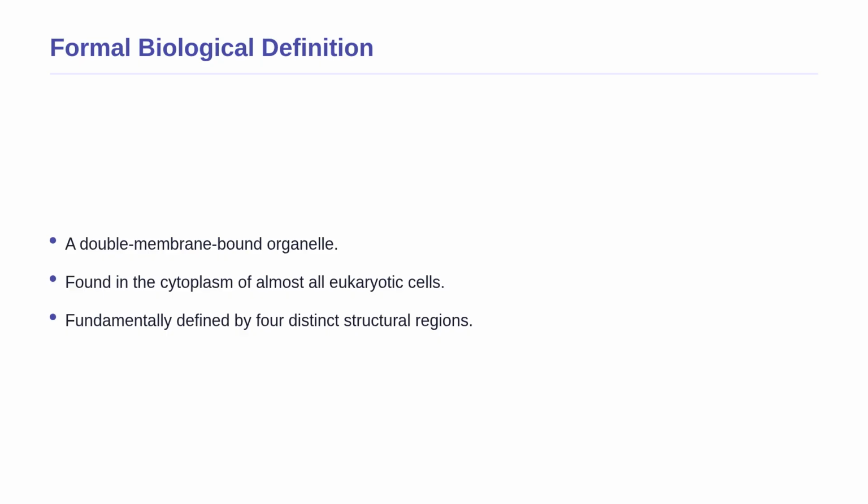The overall structure is defined by four distinct regions: the outer membrane, the intermembrane space, the inner membrane, and the matrix. Each of these four regions plays a highly specific and critical role in energy production and cellular regulation.